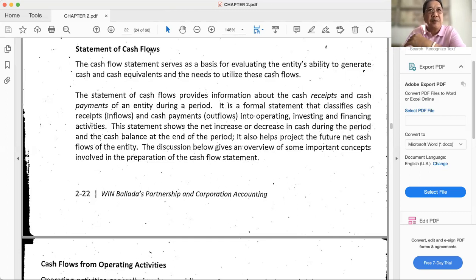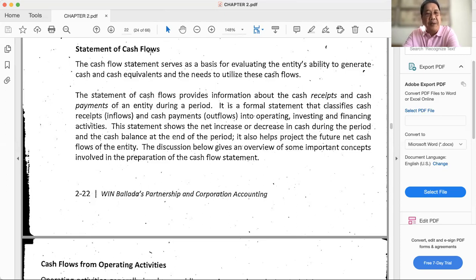transactions. Nakatanggap? Siyempre, nakikita yon sa cash receipts journal. At lahat lang na lumabas, binayaran mo ng cash na nakikita mo naman sa cash disbursement journal. So, cash flow provides information about the receipts and cash payments of an entity during a period.